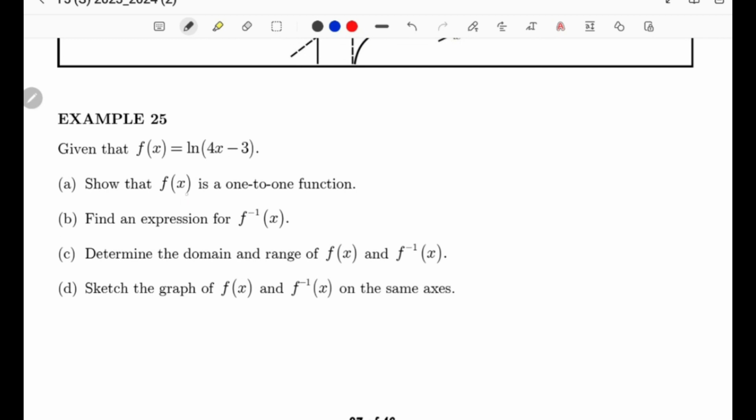To show that f(x) is a one-to-one function, we can use the algebraic method or the graphical method.